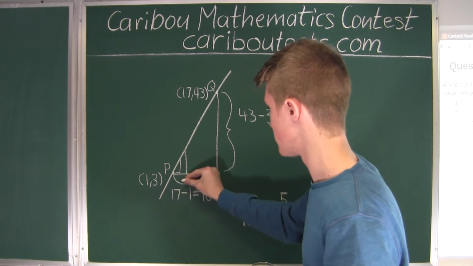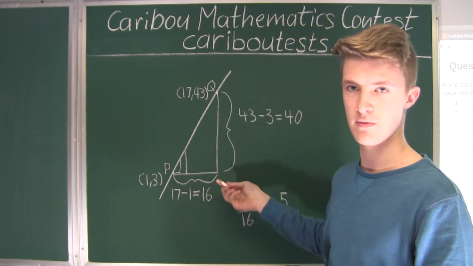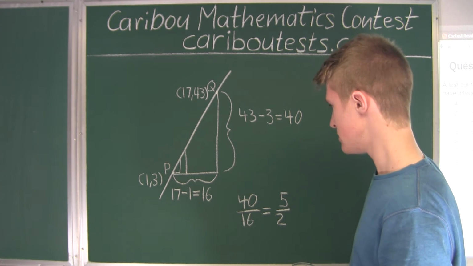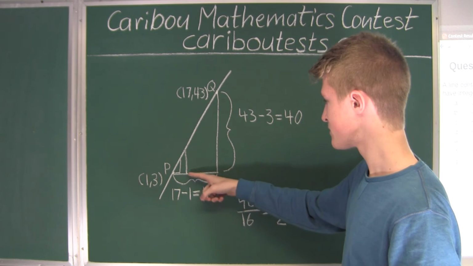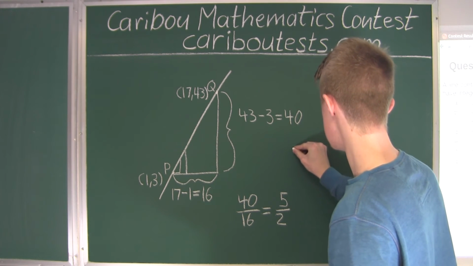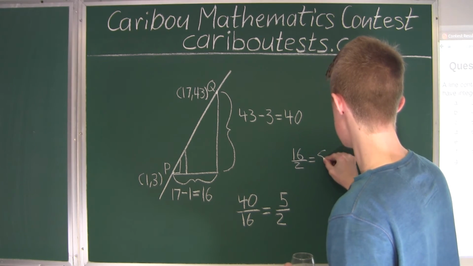Of course, here it is just a rough estimate with this sketch. Since the change in x is 16, and we are always going 2, 16 divided by 2 is equal to 8.